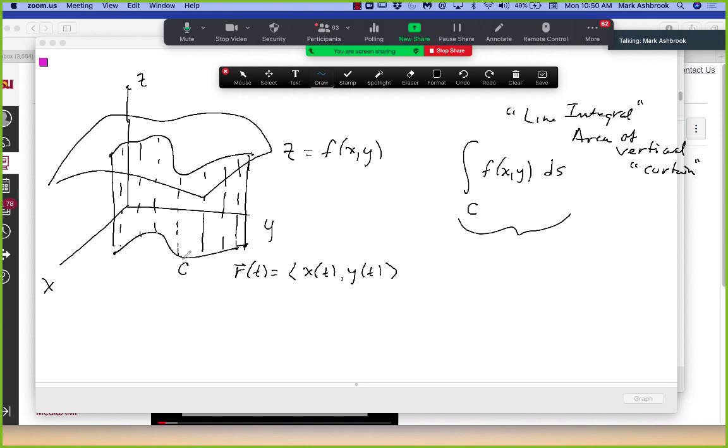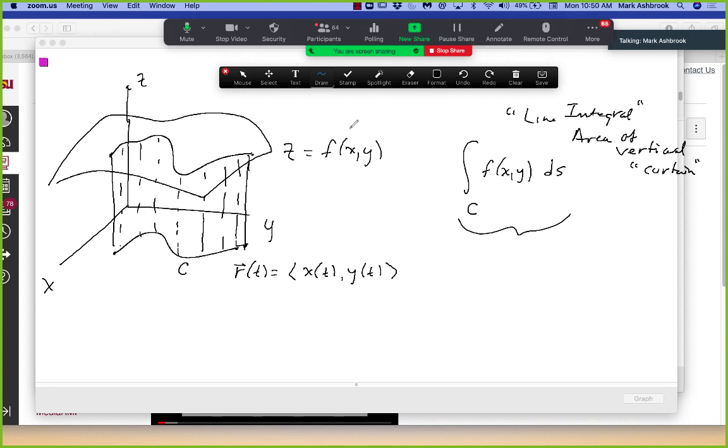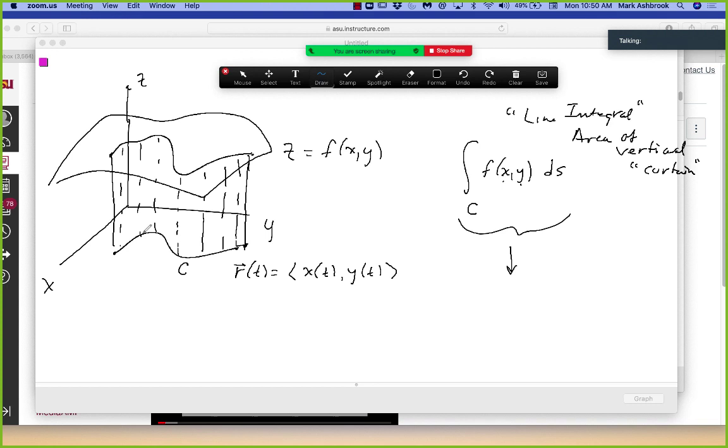So our vector function gives us the equation of the curve. And we're integrating the surface or the multivariable function over that curve. And so what did that consist of? How are we able to solve this, right? Because this involves two variables, right? This involves x and y. ds was our little part, right? ds was little bits of the curve.